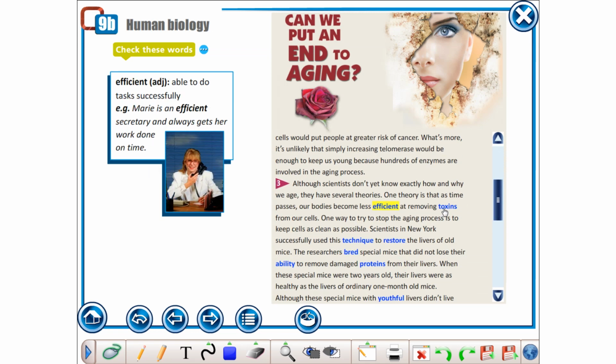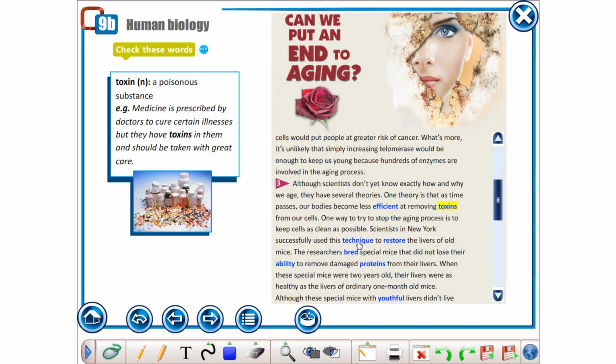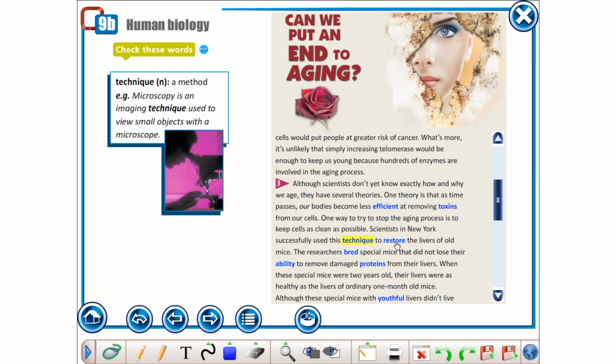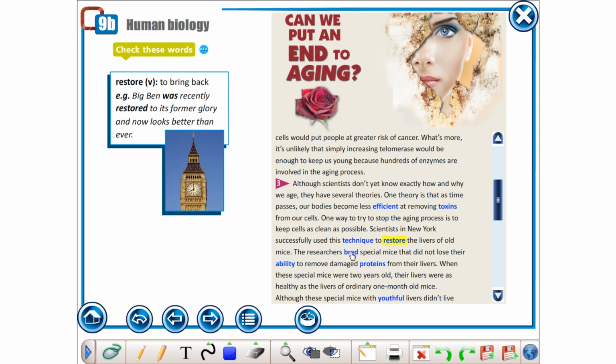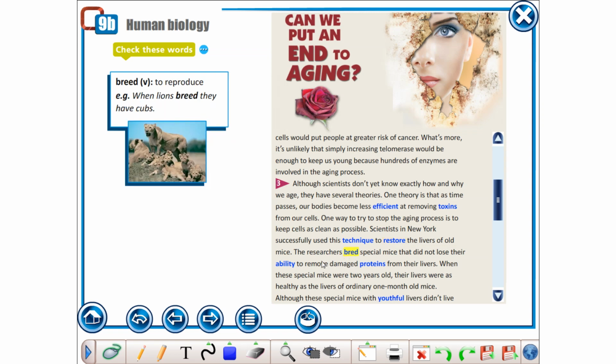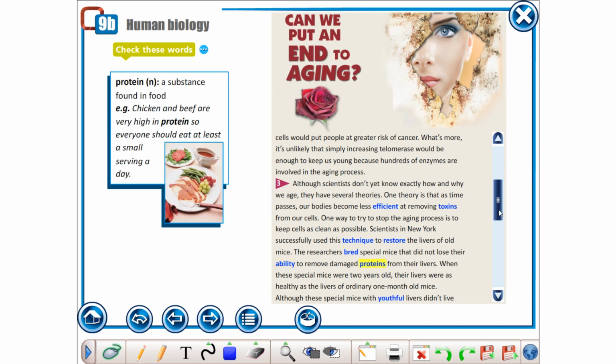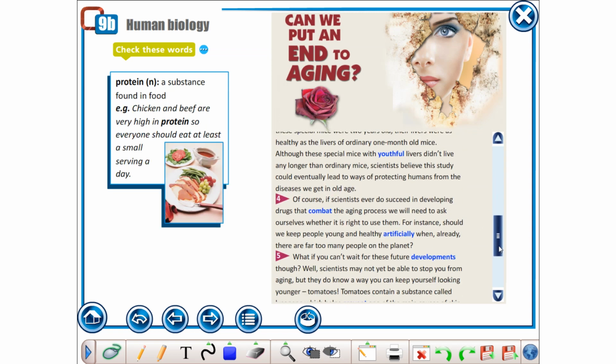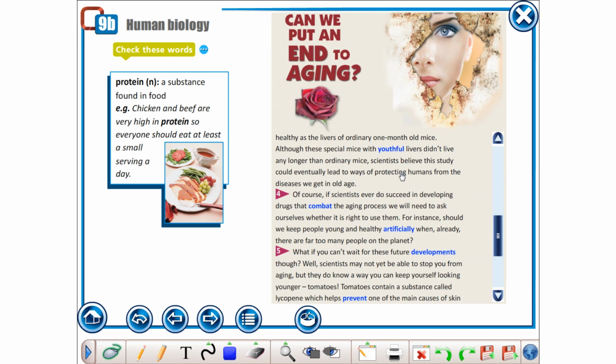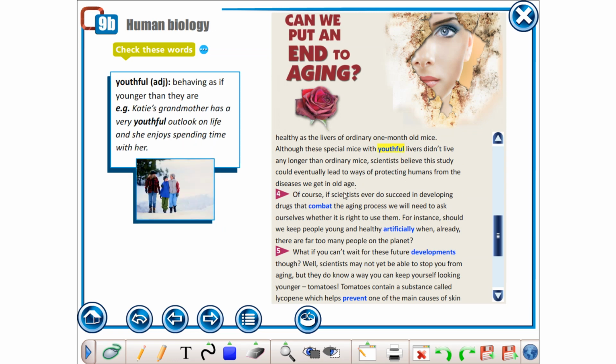Efficient. Toxin. Technique. Restore. Breed. Ability. Protein. Youthful.